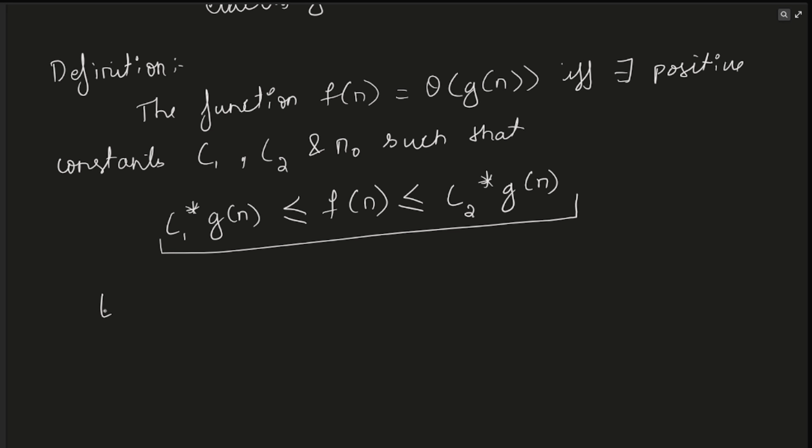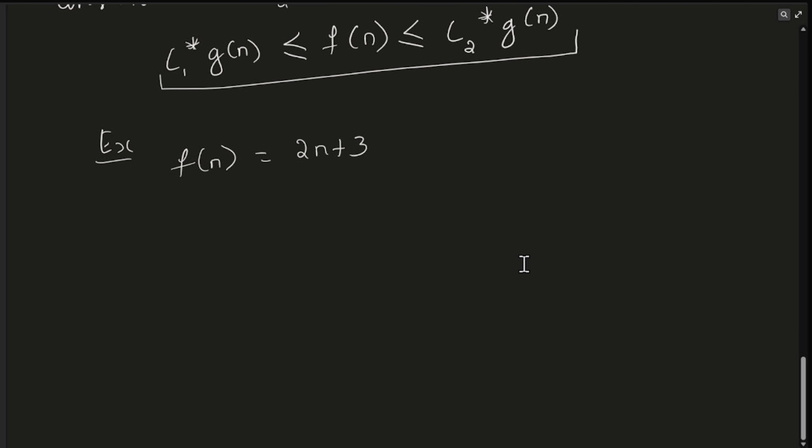Let us consider the same example here. f of n equals 2n plus 3, and as per the definition, we need to find c1 into g of n, which is less than or equal to f of n, and c2 into g of n, which is greater than f of n.